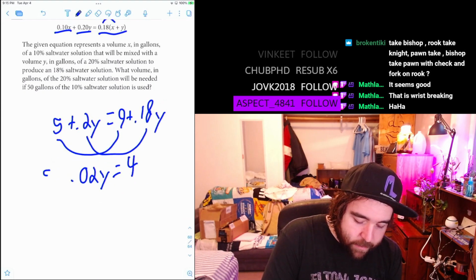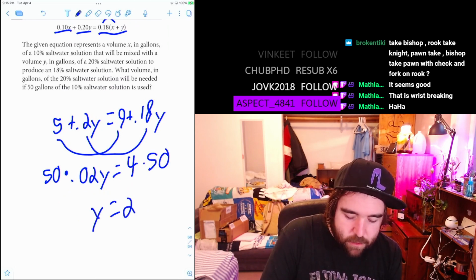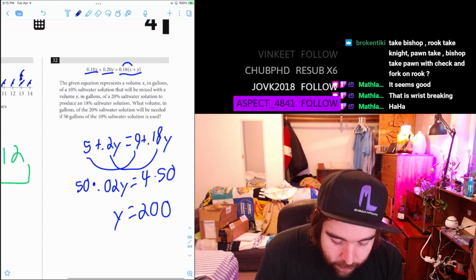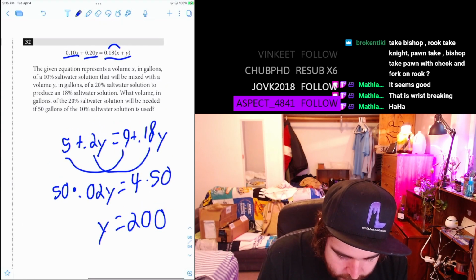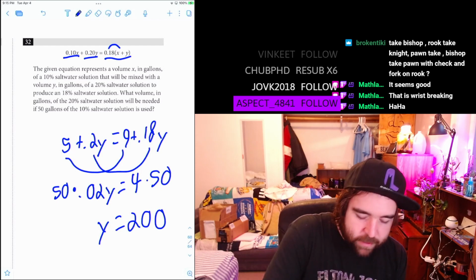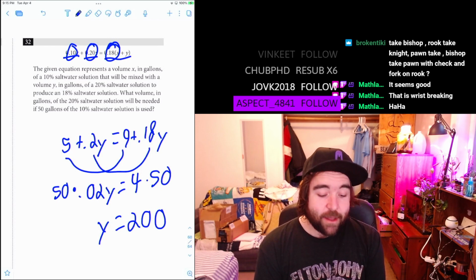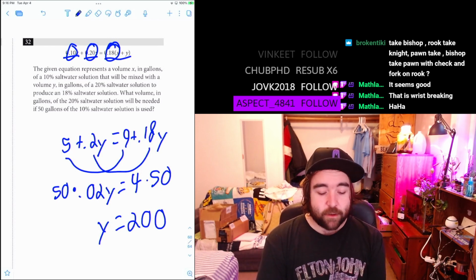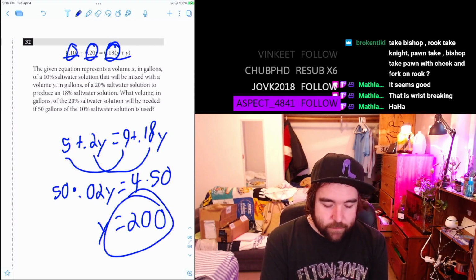We multiply by 50 to get that Y is 200. And then we got to say, does that make sense? And I think it definitely does, right? Because this is 10% and this is 20%, and we're combining to get an 18%. So we definitely need a lot more 20% than 10%. So that makes sense. 200.